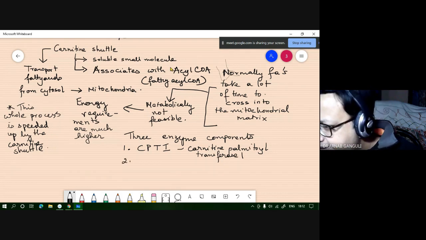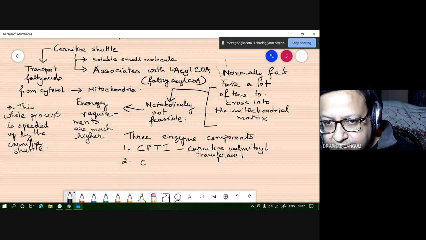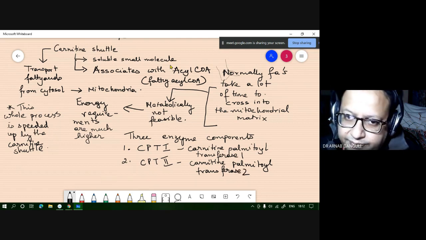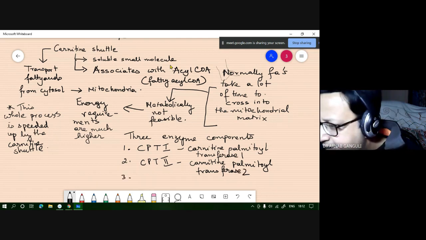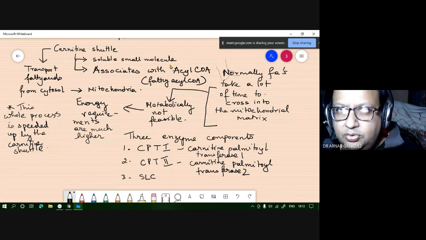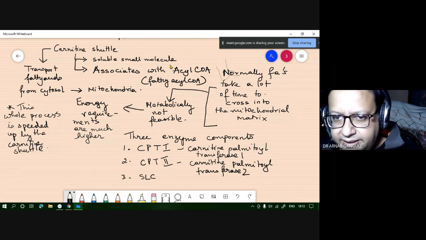The next one is CPT2. Same thing, carnitine palmitoyl transferase 2. And the third one is a huge name, SLC25A20.